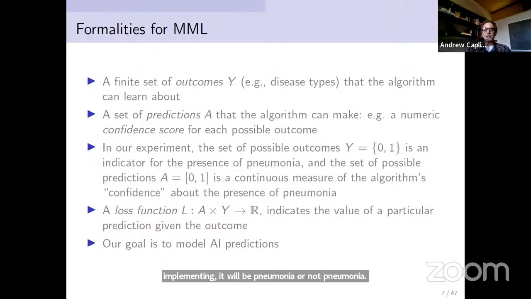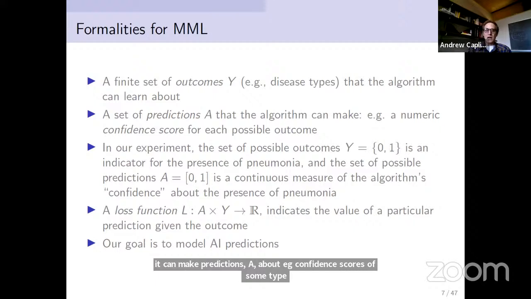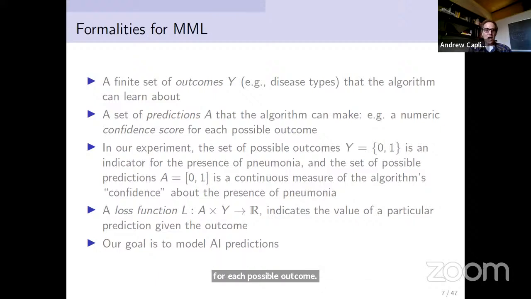And it can make predictions, about, e.g., confidence scores of some type for each possible outcome. And in our case, these will be a continuous measure between 0 and 1 of confidence. A loss function, which is actually part of the machine's programming, will specify the value of a prediction given the outcome. And our goal is to model the AI predictions.